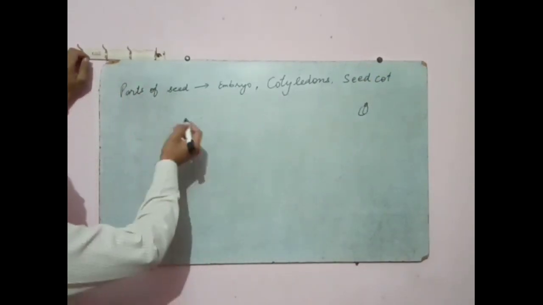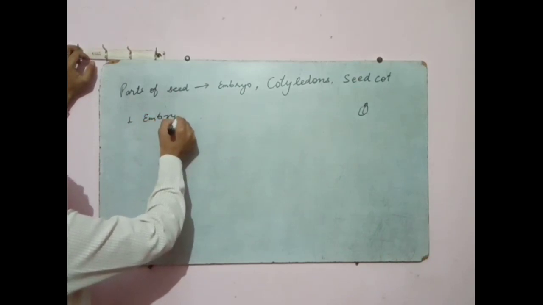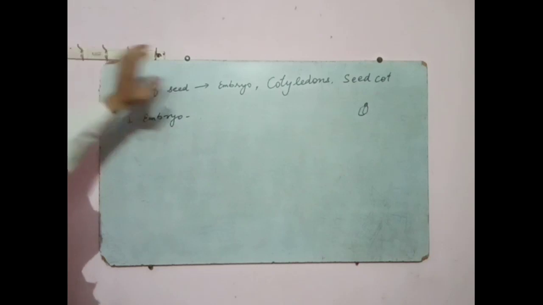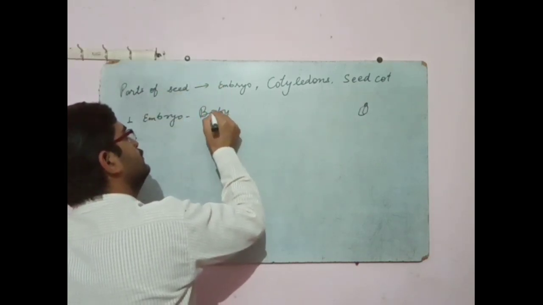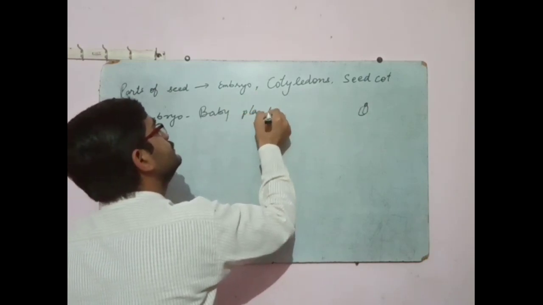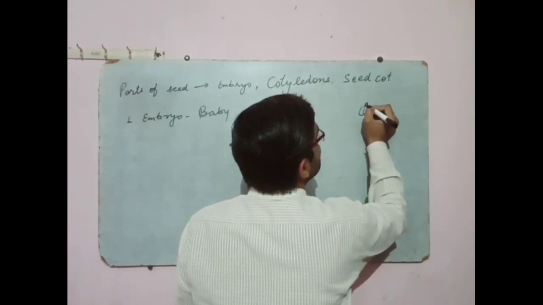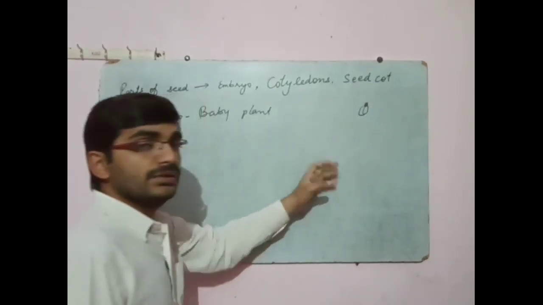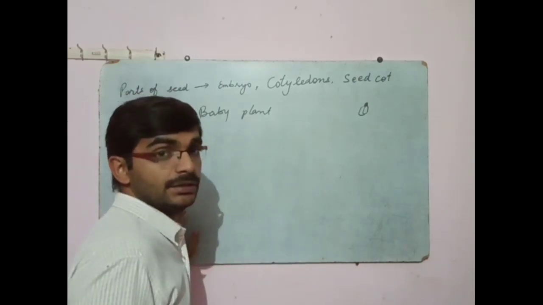What is embryo? Embryo is the small or baby plant which is found in the seed. This one here. This grows into the new plant or it develops into seedling.